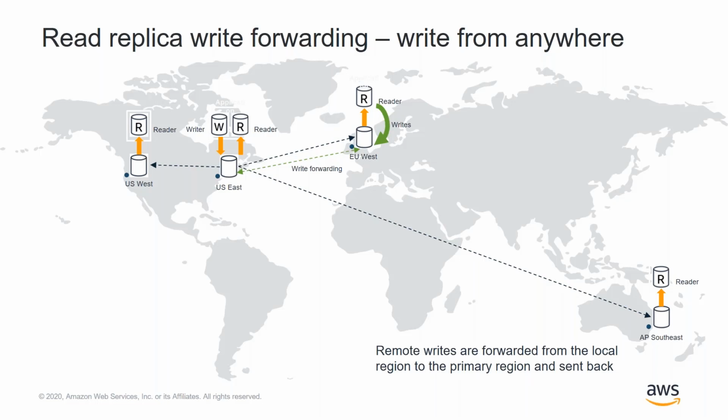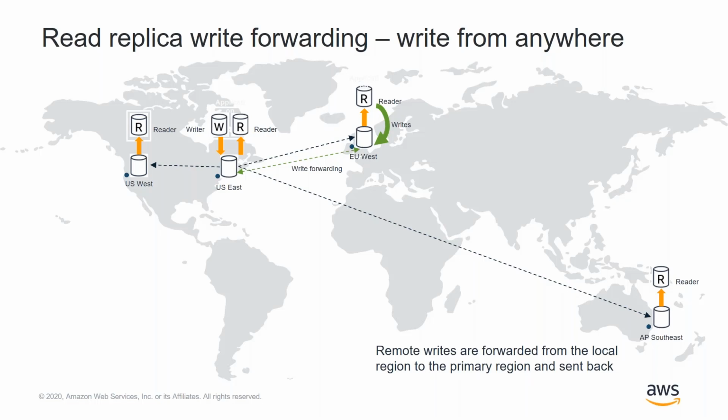Today, we have to set it up with our own VPN or other network configurations, and it's a lot of undifferentiated lifting for us. We really value what our customers have to say, and we took it as our next goal, which was to create read replica write forwarding.